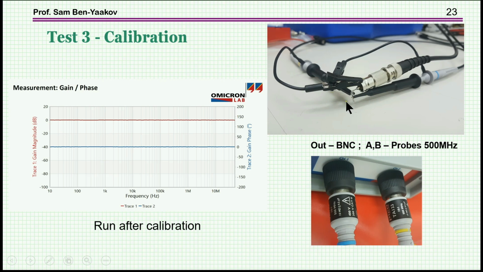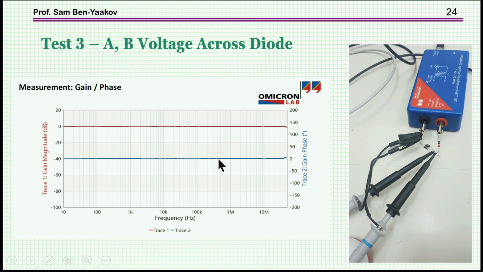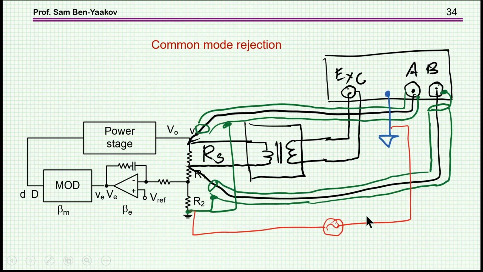Here's the calibration, so that we know that we have a good zero with the cabling and with the setup. And indeed, after calibration, we have a very good measurement. And now we do the measurement itself. And as you can see, it's very good. Excellent, as a matter of fact, up to 50 megahertz, everything is fine, no problem at all. Now, there is one more point that one has to bear in mind, and that is the following.